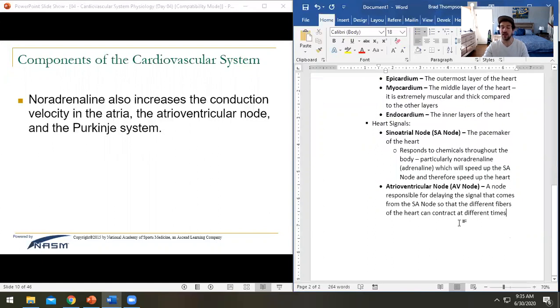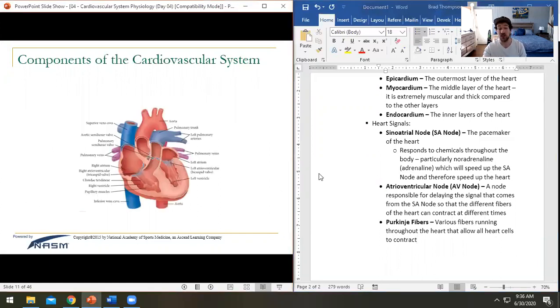Okay, and then you have all of your Purkinje fibers, I do it every time with an E. And these are various fibers running throughout the heart that allow all heart cells to contract. So your Purkinje fibers run throughout the heart to actually zap those fibers and create that contraction. But it all starts with that SA node.